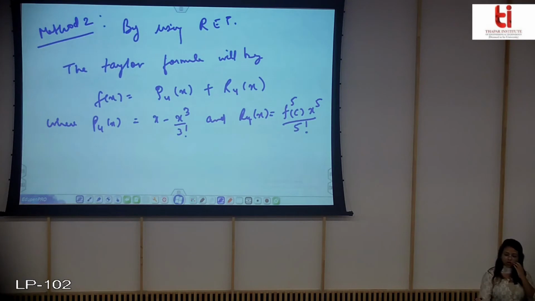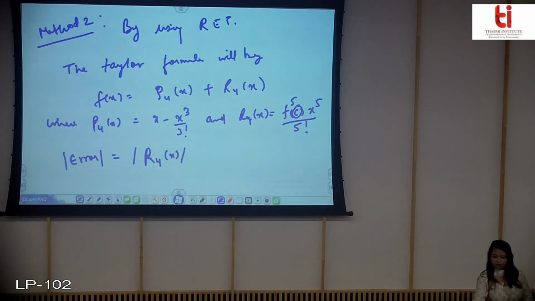Okay, now we want to get rid of this value c. So what we will do is find the maximum value of this, that is the upper bound.